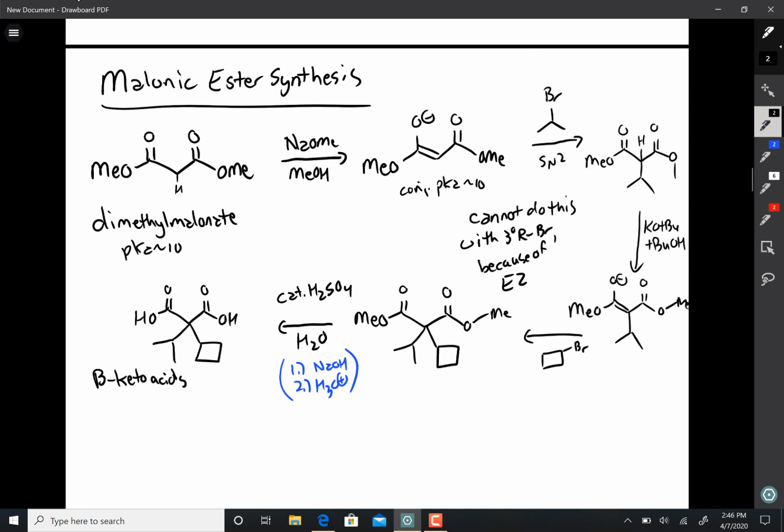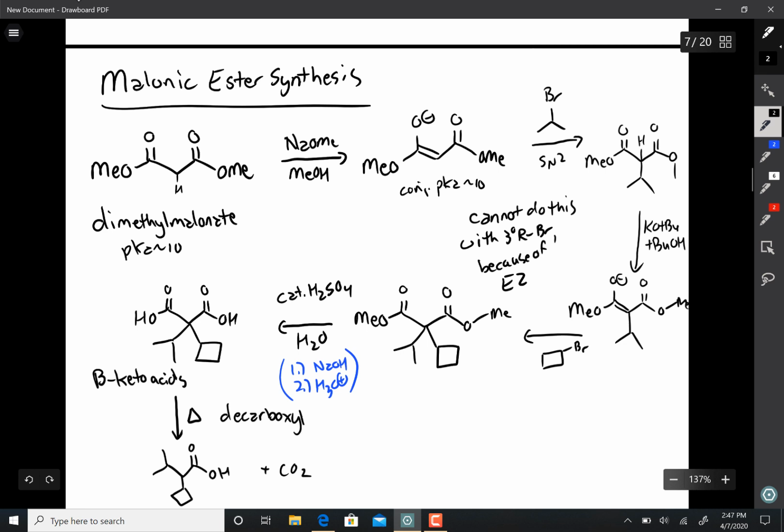And a beta keto acid is special because when you heat up a beta keto acid, you end up losing carbon dioxide. It's what's called decarboxylation, and it is unique to beta keto acids.